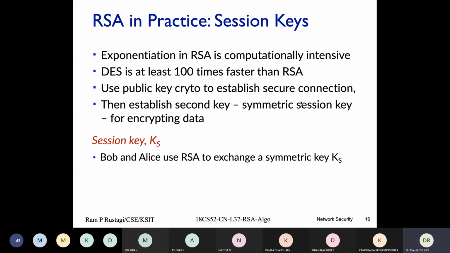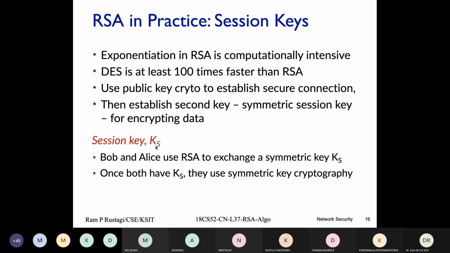You do a one-time computation and compute a session key, which is a symmetric key, and this key is used by both sender and receiver. The beauty of that algorithm is that even though the entire communication happens in public, no intermediary can determine what this session key is. So the primary use of the RSA algorithm lies in determining session keys and digital signatures.